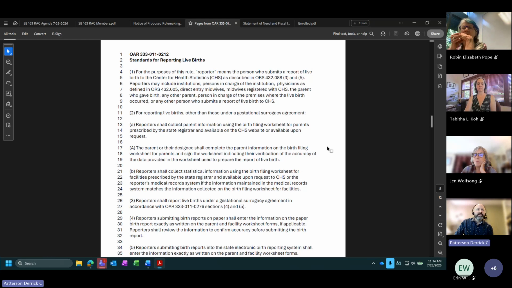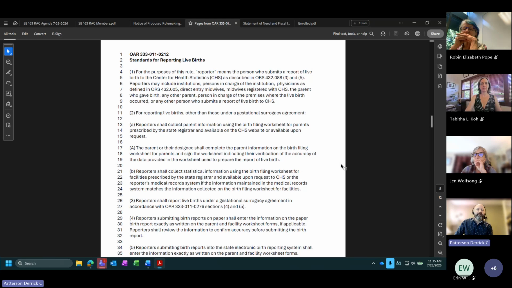Section 2, for reporting live births other than those under a gestational surrogacy agreement: A, reporters shall collect parent information using the birth filing worksheet for parents prescribed by the state registrar and available on the CHS website or available upon request. The parent or their designee shall complete the parent information on the birth filing worksheet for parents and sign the worksheet indicating their verification of the accuracy of the data provided in the worksheet used to prepare the report of live birth.